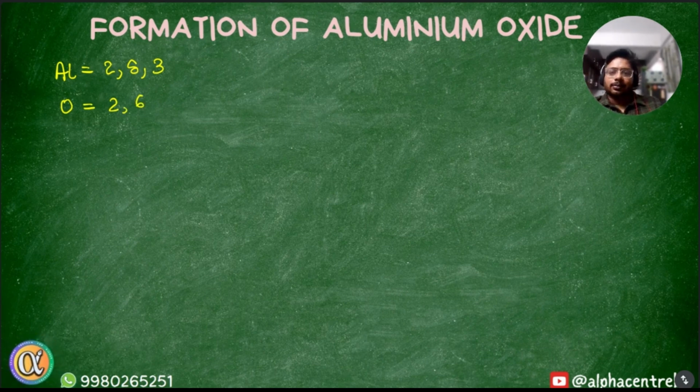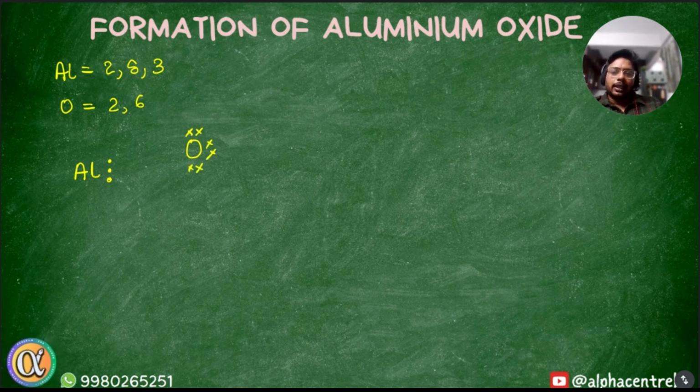Therefore, aluminium would lose electrons. It has 3, so it would lose 3. Oxygen has 6, so oxygen needs 2. This much is clear.